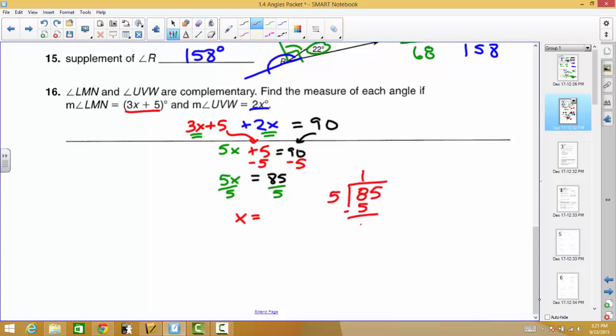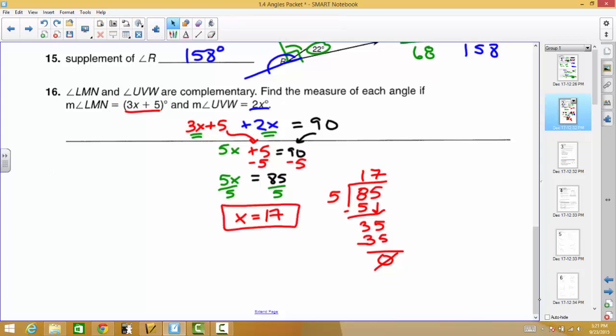That would give you 3 left over. Bring down the 5. And then 5 goes into 35 7 times with no remainder. So your answer is 17. You can actually test and see if this is right by taking 17, plugging it in to both of these x's, and seeing that yes, in fact, it does give you 90.